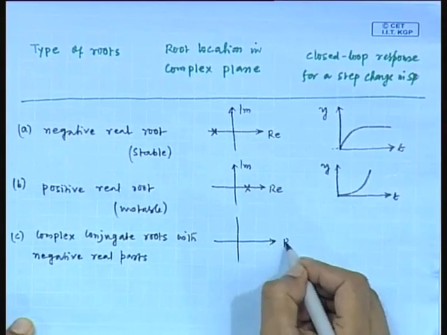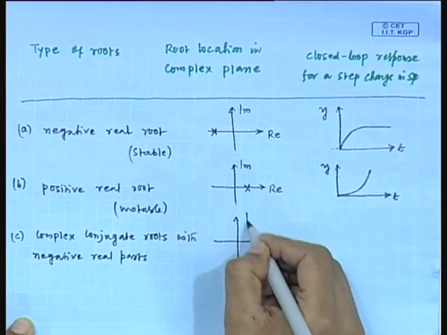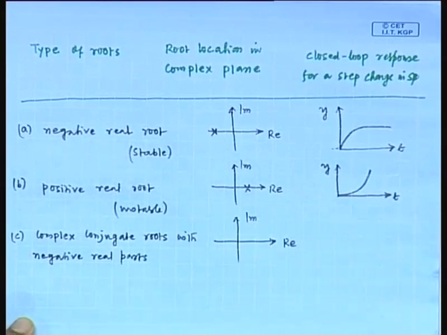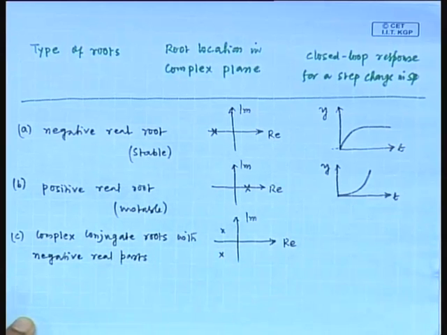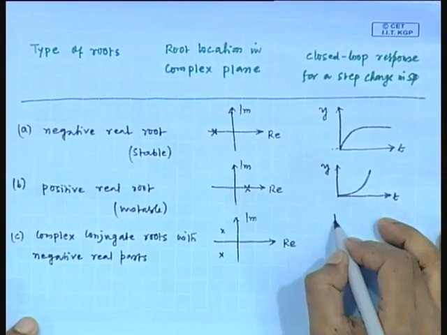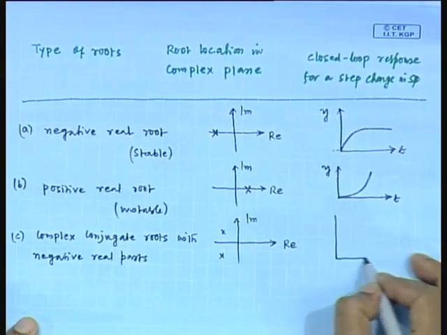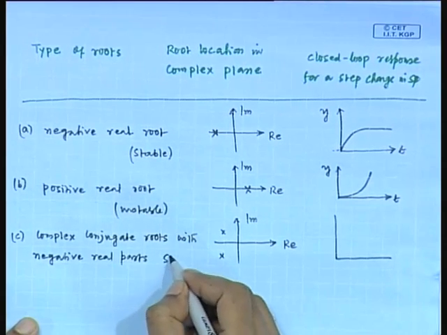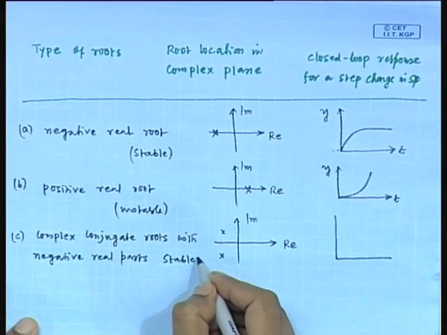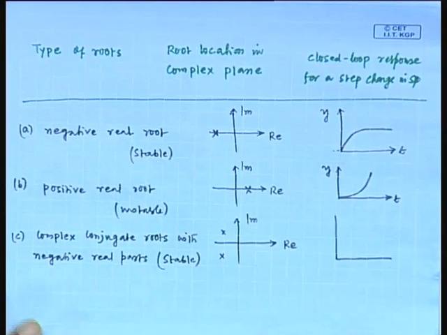Now, if we locate the roots in the complex plane, these are the two roots which are complex conjugate with negative real parts. Now, what about the stability? Stable, because the real parts are negative.